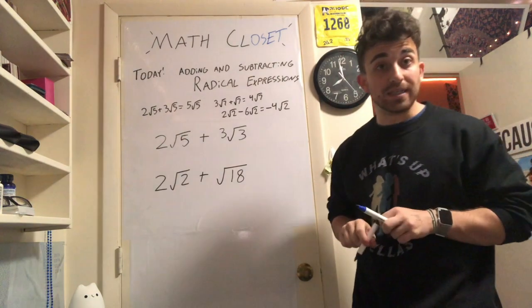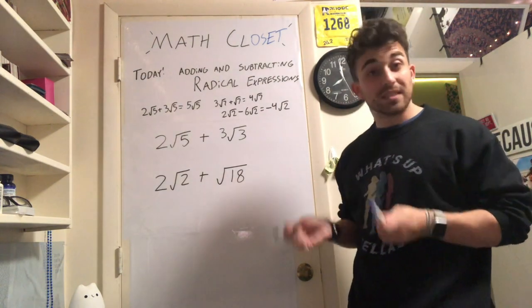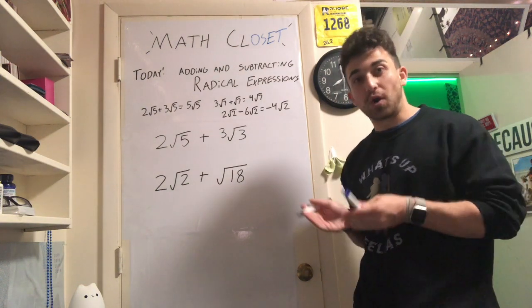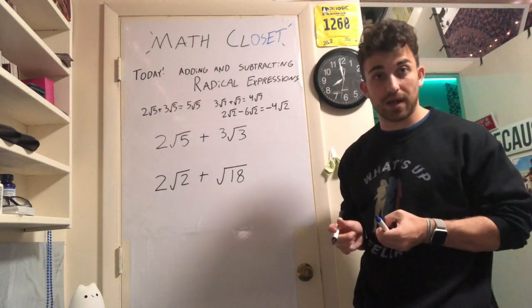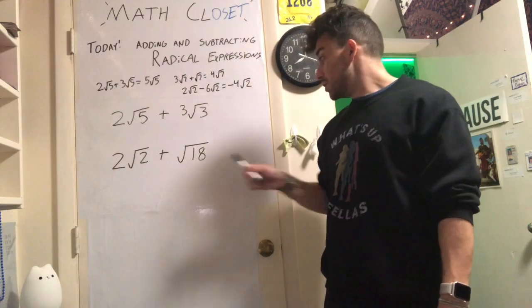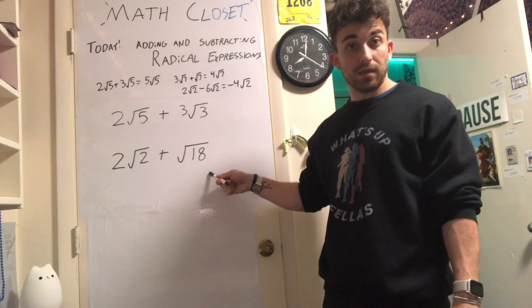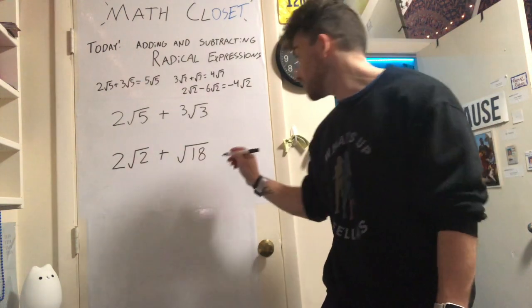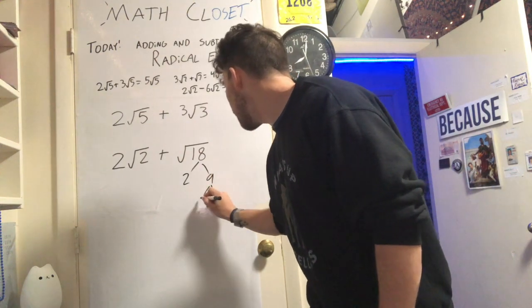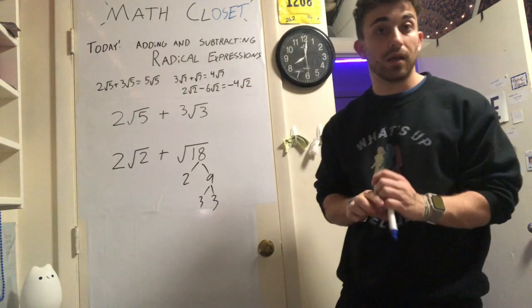If you remember what we did last week, we can simplify some radical expressions if there is a perfect square contained in the radicand. And so this 18 can be broken down. So if I break down this radical 18 into its prime factors, I'll say, well, 18 is 2 times 9, 9 is 3 times 3.